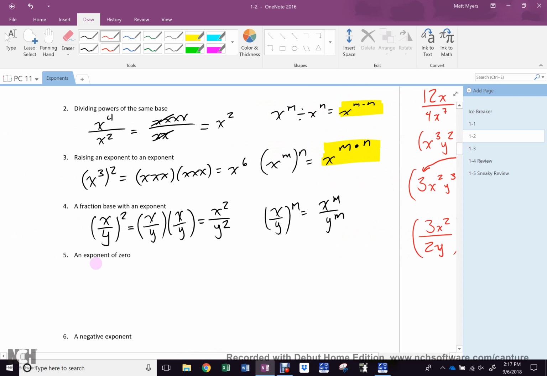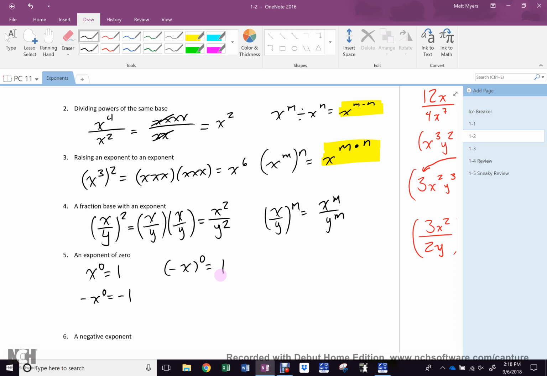The exponent of 0 is an easy one. What is that? 1. x to the 0 equals 1. Nobody has a problem with that. Till I do this. What's negative x to the 0? No. Negative 1. What is negative x to the 0? Positive 1. Why? Aaron, Danny.